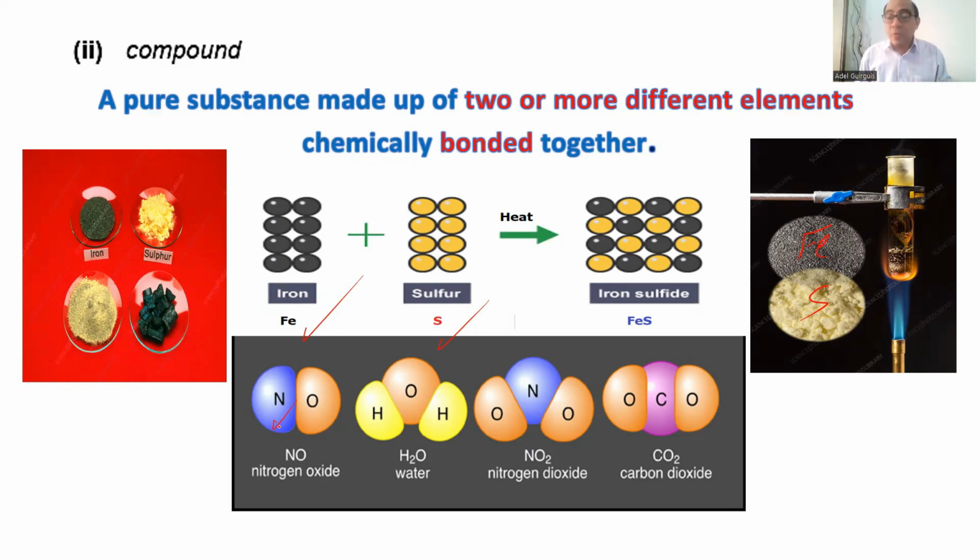Also nitrogen dioxide: one nitrogen and two oxygen atoms. So any compound is formed by a certain combining power or ratio depending on the valency of each element, as we study later on. Plus the final example here, carbon dioxide: one carbon and two oxygen atoms joined together chemically to form a certain compound called carbon dioxide.